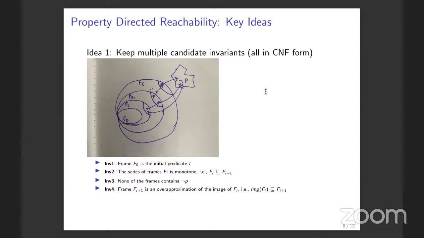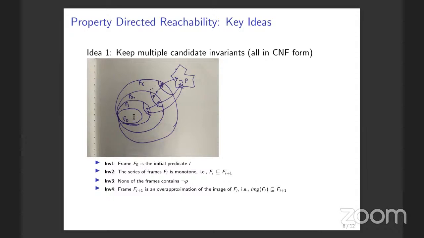Whereas here, it keeps multiple candidate invariants, all in CNF form, like I've shown here: F0, F1, F2, up to some Fi at some point. Instead of just building K-long formulas, reminiscent of your image computation, it keeps copies of these things. But these are candidate invariants.